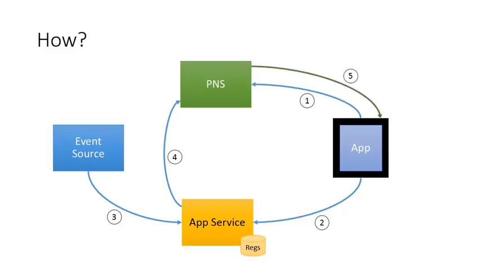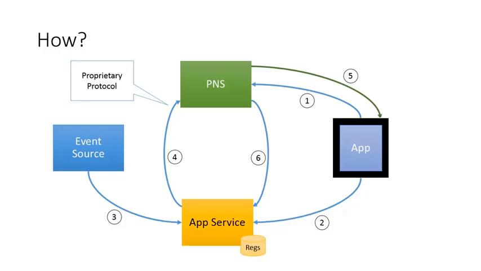And the push notification service will then deliver that notification to the application, or to be precise, to the operating system shell, which then projects it onto the application's icon or onto the application's live tile, depending on what the experience is. If there are errors in delivery, the push notification service will report that to the application service, which is then in charge of, when needed, blacklisting or removing stale registrations.